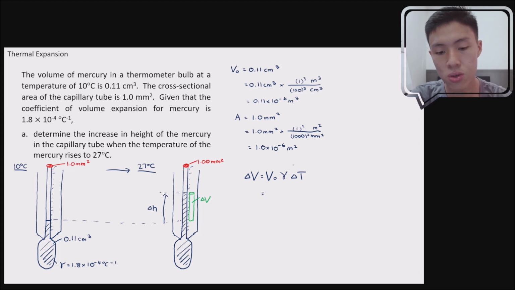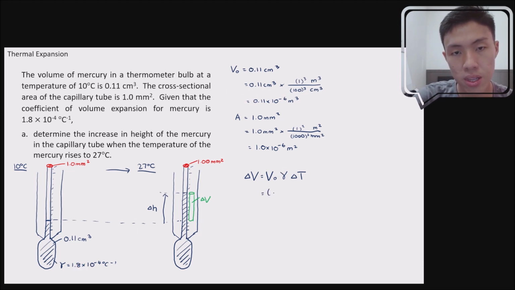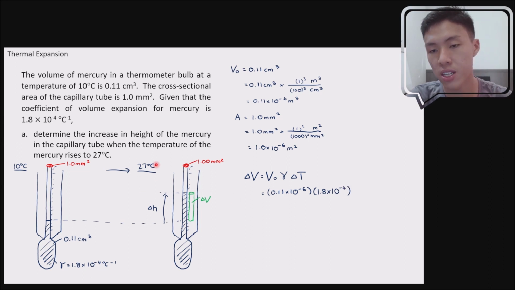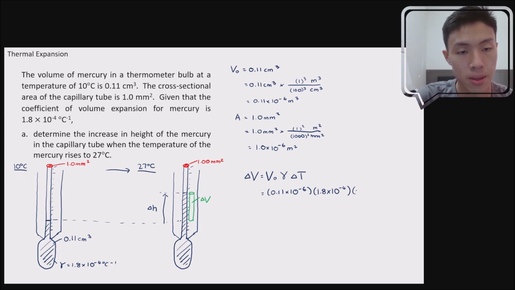The original volume is 0.11 times 10 to the power negative 6. Our gamma, the coefficient of volume expansion, is 1.8 times 10 to the power negative 4. The change in temperature is final minus initial, so 27 minus 10. That's the right hand side.